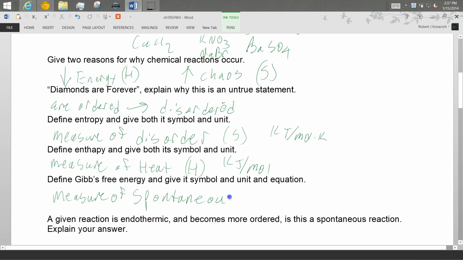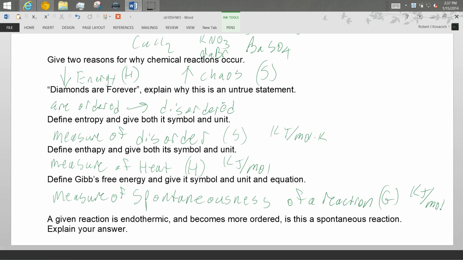I don't know if that's actually a word, but sure. And its symbol is a G. And it's also kilojoules per mole, most likely. Spontaneousness. That might be a word.